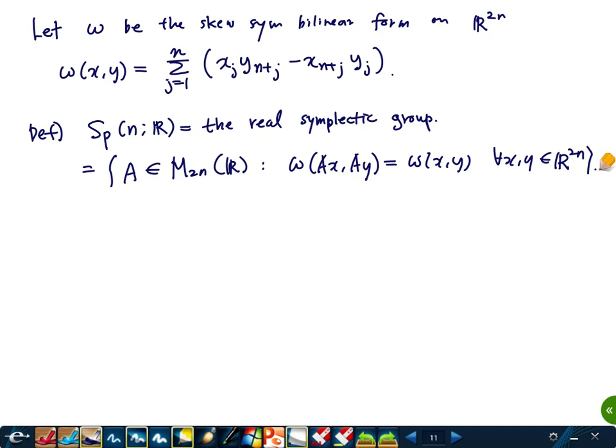Yeah, I'm not really an expert in this area, but I heard that the symplectic group is really important in geometry. But I'm not a geometer, so for me, it's just a set of matrices satisfying this condition. Very abstract. But it does have a very important geometric meaning that I don't know. Anyway.